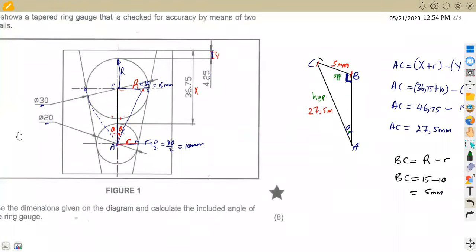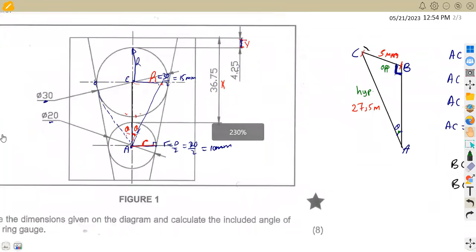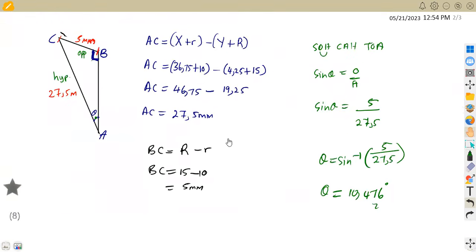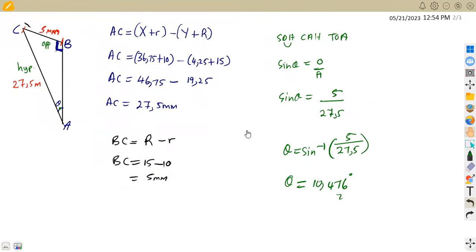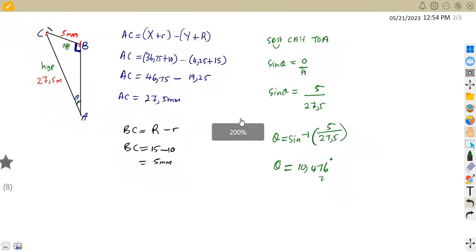But I remember what I said is that this is a combination of 2. If you check properly, that's our theta here and our theta here, which gives us the whole angle that we want, which is 2 theta. So we are going to multiply, or add theta plus theta, to obtain the whole of this angle here.